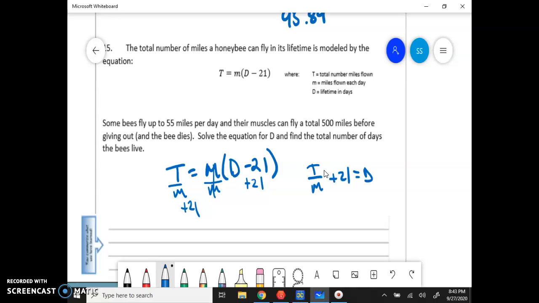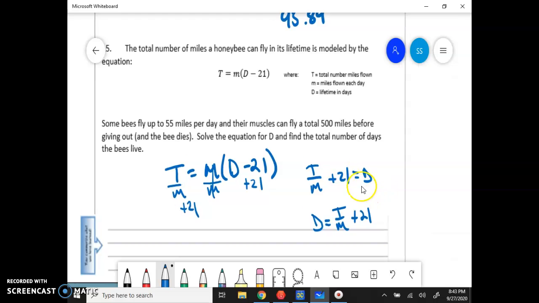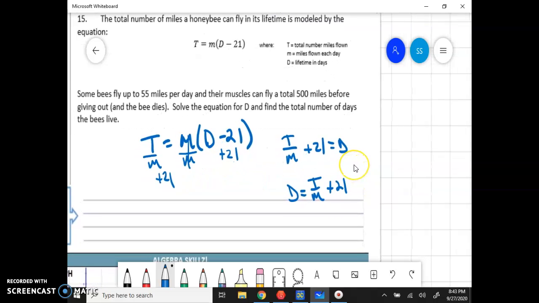If you don't like it written that way, we can switch it around for those people who prefer to have the variable that we're solving for on the left-hand side. Now let's see how long a typical honeybee lives.